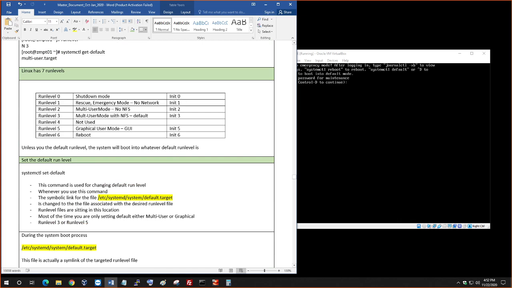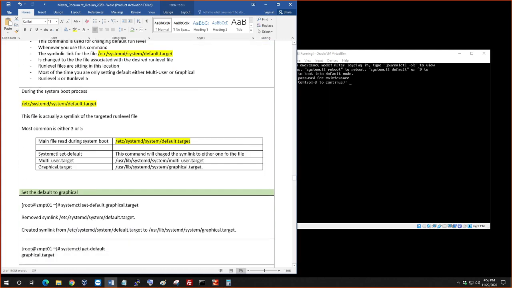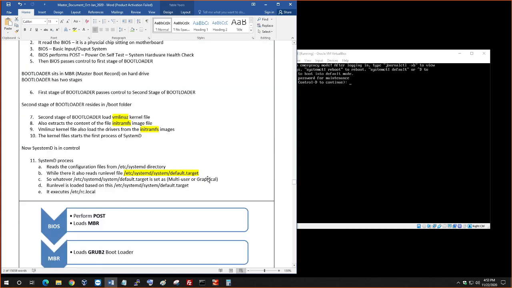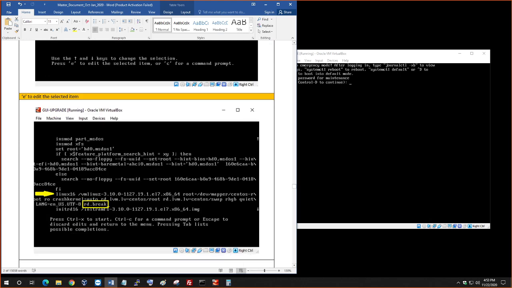And run level 1 doesn't have the network. If there is no network, you aren't able to connect. Either you have to be standing in front of the system, or you have to have a console connected here.